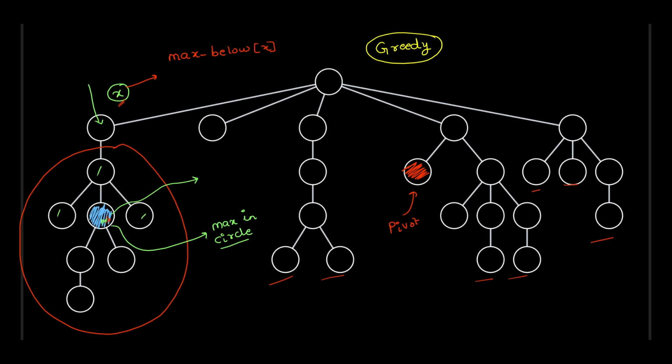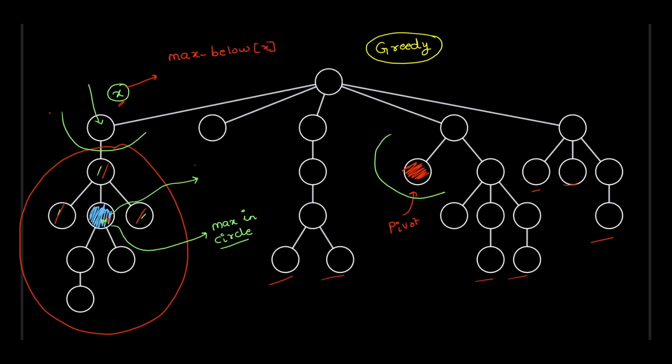So if this is the pivot, it will delete this, this, this, and this, and then it will arrive at a situation where this is exposed as a leaf and this is exposed as a leaf. So now the only competition is between this X and the element that was used as the pivot.